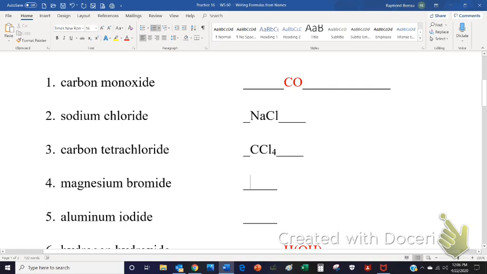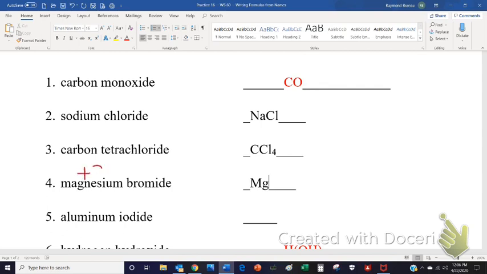Number 4, magnesium bromide. Well, magnesium is a metal, so Mg. Bromide, if it's an ionic bond, we're not going to worry about anything else except the oxidation numbers. Well, you have to look at something here. Magnesium, here's where I need to put the oxidation numbers, because this is not a one-to-one matchup like sodium chloride is.